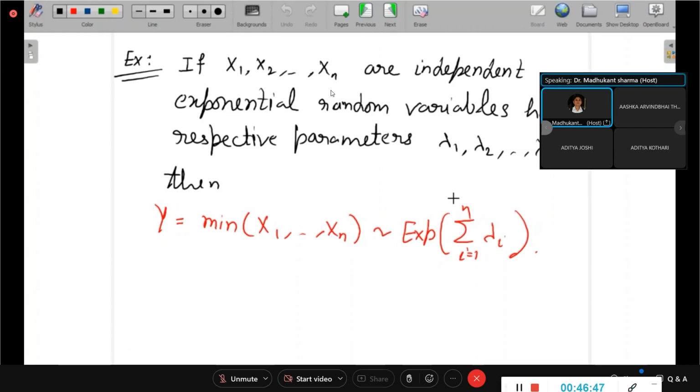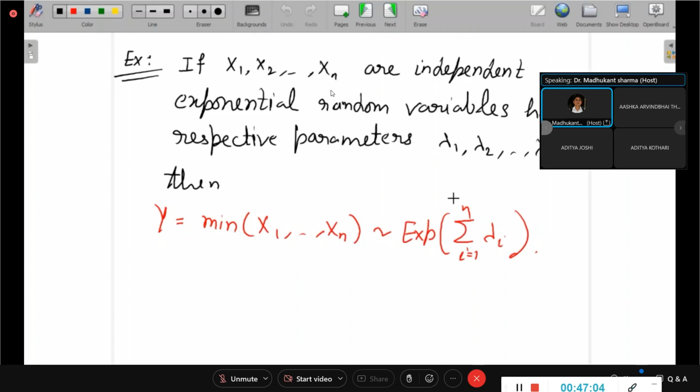Different components will be there, and suppose all of them are exponentially distributed. Then you can decide up to what minimum amount of time the system will function.